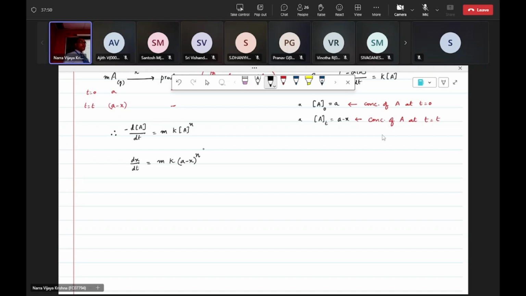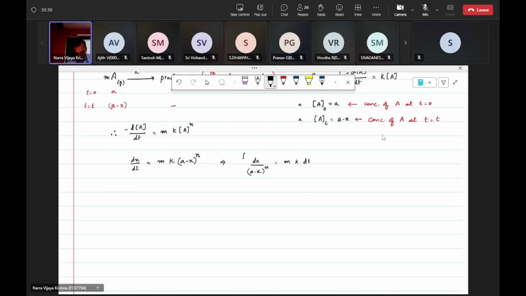If time t equal to t, x value is x. Instead of concentration of A, I am writing A minus x. If you say time is 0, I will write x value 0 directly. If x value is 0, then concentration of A becomes A only. Can I write this term as dx upon A minus x power n is equal to m into k into dt? Is there anything wrong?